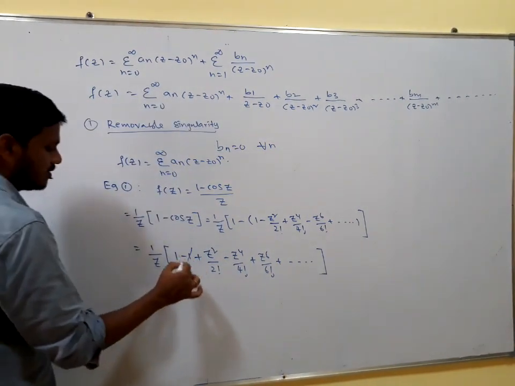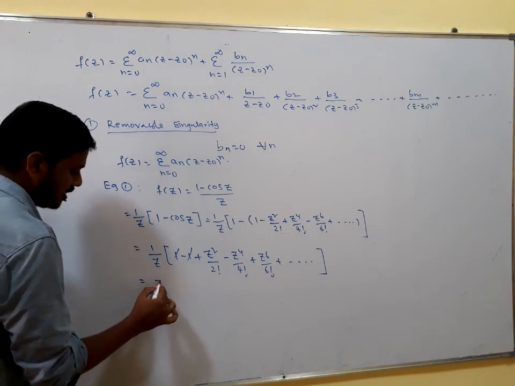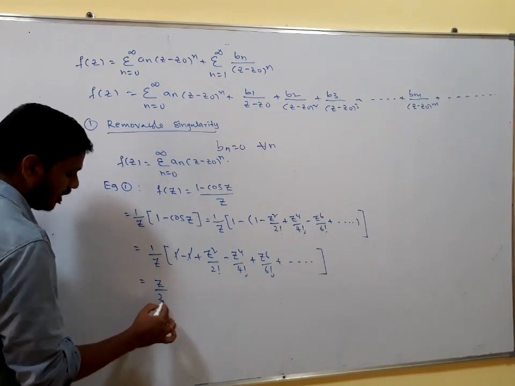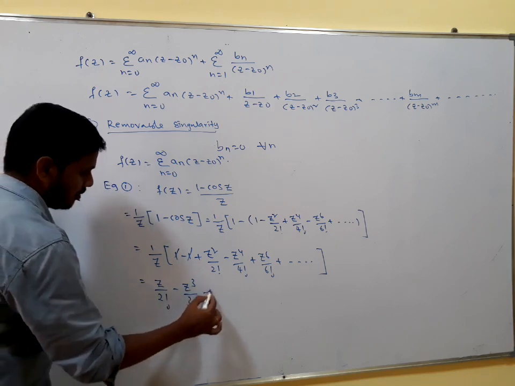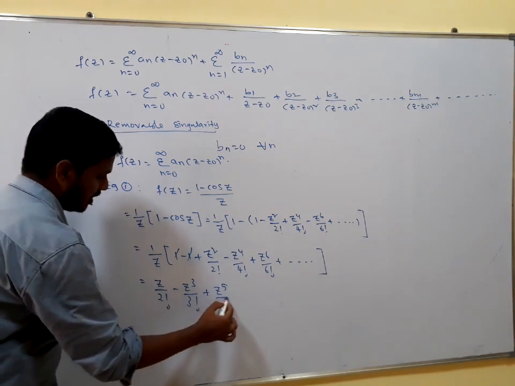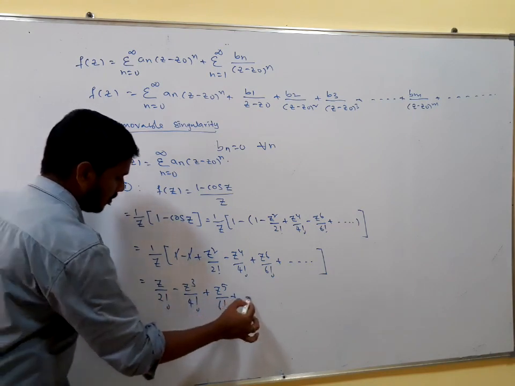Here minus 1 plus 1 get cancelled, and multiplying with 1 by z, we get z by 2 factorial minus z cube divided by 4 factorial plus z to the power of 5 divided by 6 factorial plus so on.